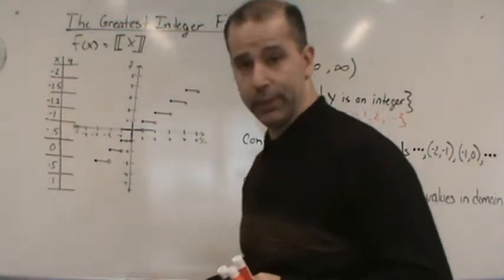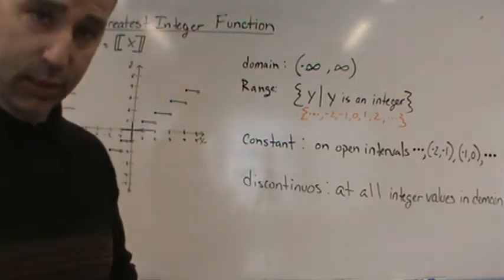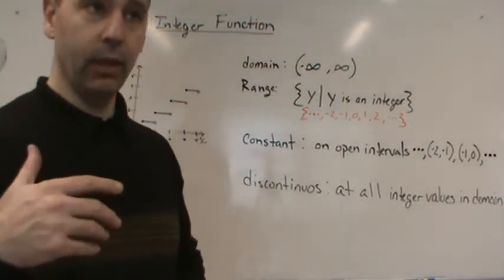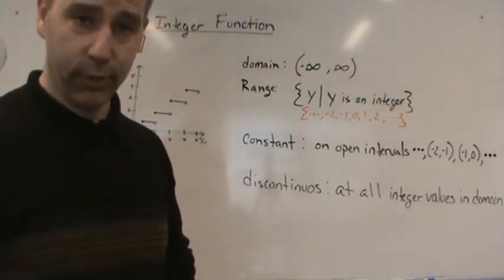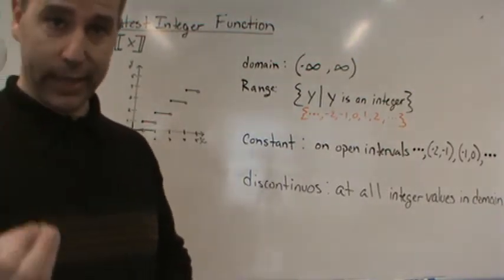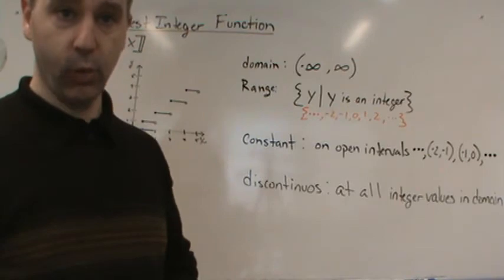I'm going to get 2, right? Because the greatest integer that's less than or equal to 2 is 2. But what if I put in 1.5? It's going to spit out the greatest integer that's less than 1.5. Well, that is going to be 1.